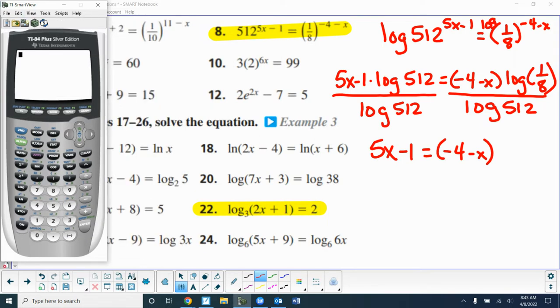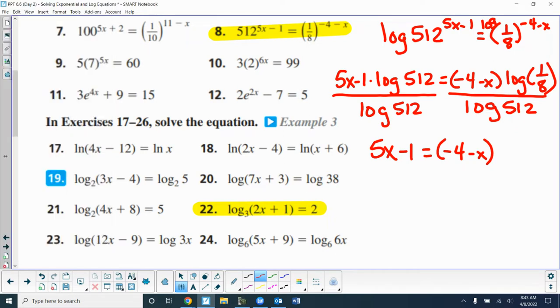All right, so I'm going to hit log of 1/8. Remember to close it up, divided by log of 5/12. We get negative 0.3 repeating. What is that as a fraction? Yeah, negative 1/3. I like to write those as a fraction. So that's here.